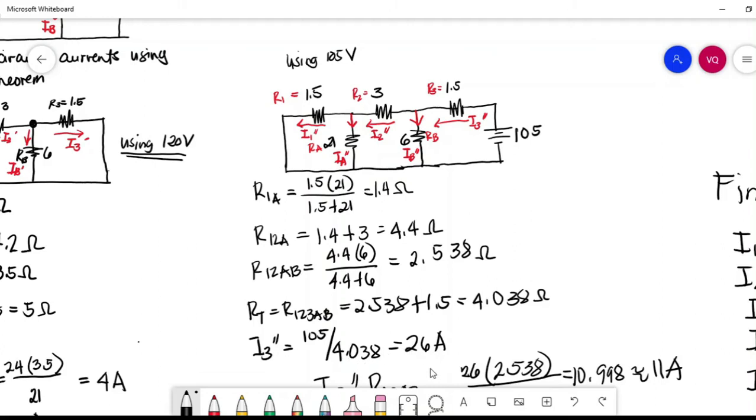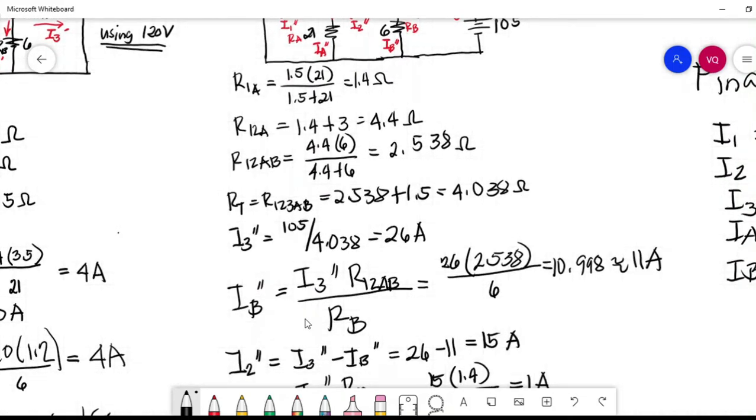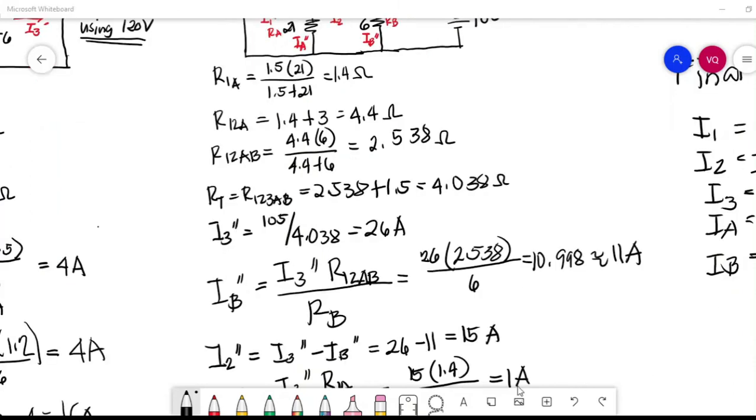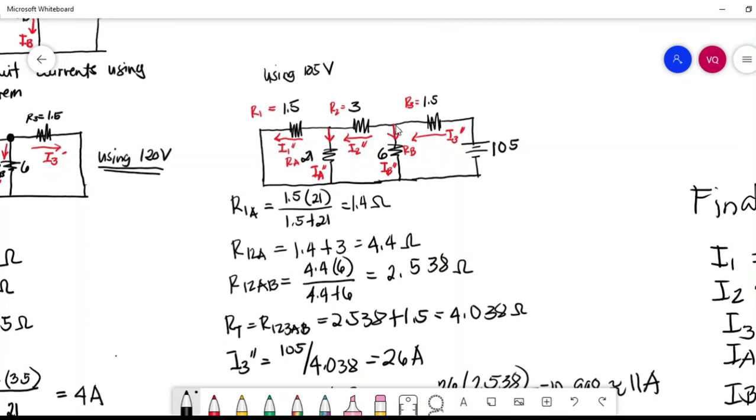approximately 26 amperes. By current divider theorem, we can solve IB double prime equal to I3 double prime times R12AB combination divided by the resistance RB. So that is approximately 11 amperes. I2 double prime by KCL at this node.